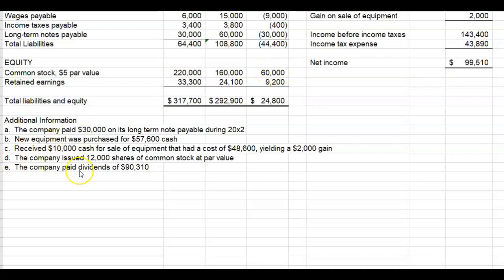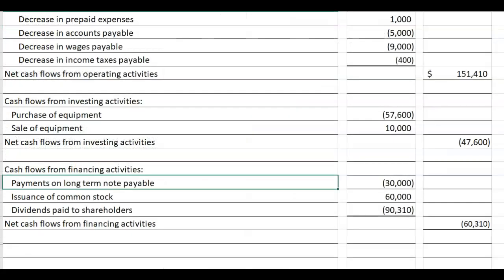And I've given you the number. You could calculate it, but I've given you the number. The company paid dividends of $90,310. That affects equity. So we've got 3 items that need to be shown in the financing activities section. Payments on long-term note payable, $30,000 reduction in cash.